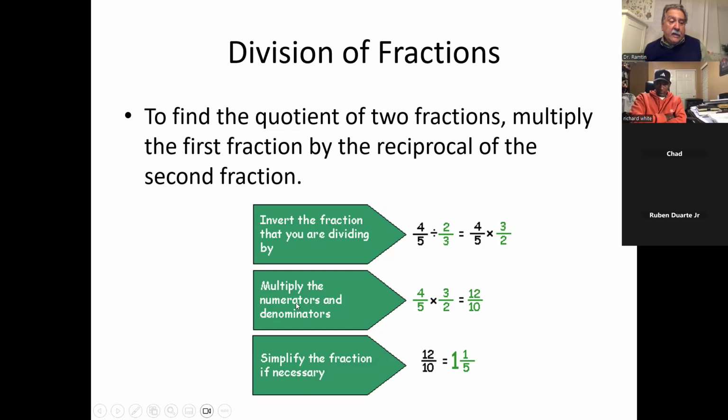So I have 6/5. That's an improper fraction. If I want to make it into a mixed number, I'm dividing 6 by 5. 5 goes into 6 one time, and the remainder is 1.